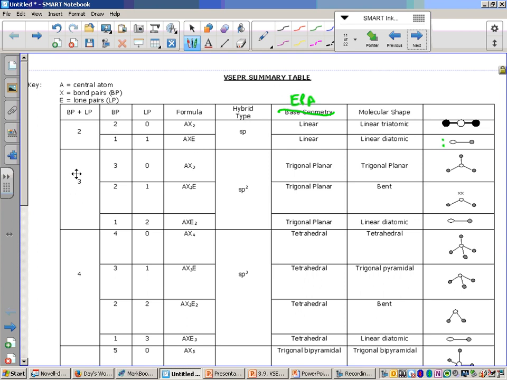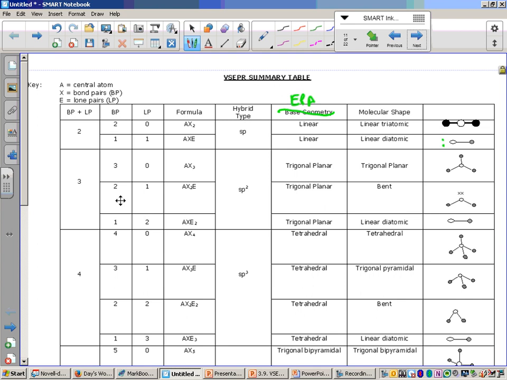All right, let's now talk about situations that have 3 pairs in total, lone pairs plus bond pairs. Well, if I've got 3 bond pairs and 0 lone pairs, AX3, it's sp2 hybridized. We know that it's trigonal planar from what we've done in the past, and if there's no lone pairs in it, trigonal planar becomes the molecular shape trigonal planar, because there's nothing to ignore.